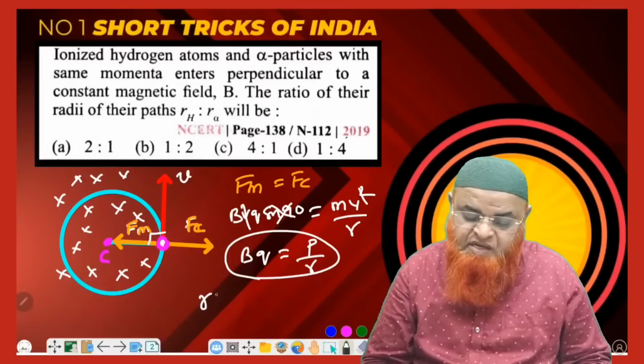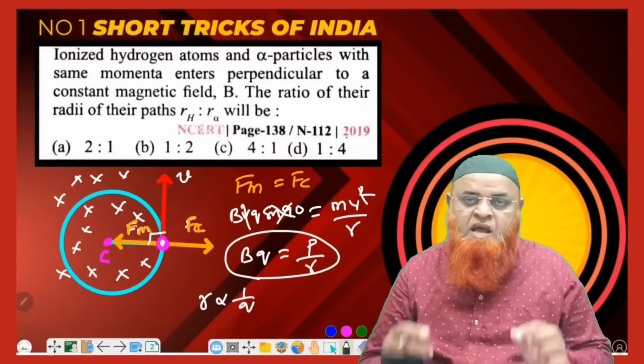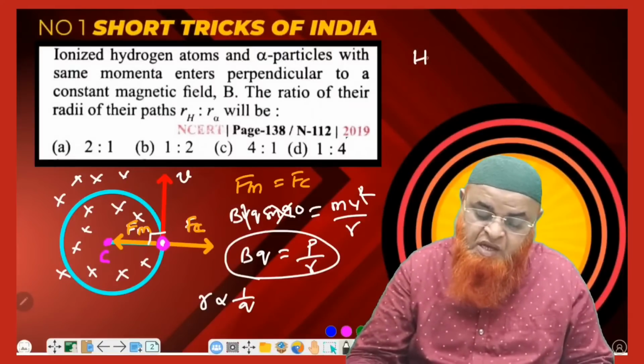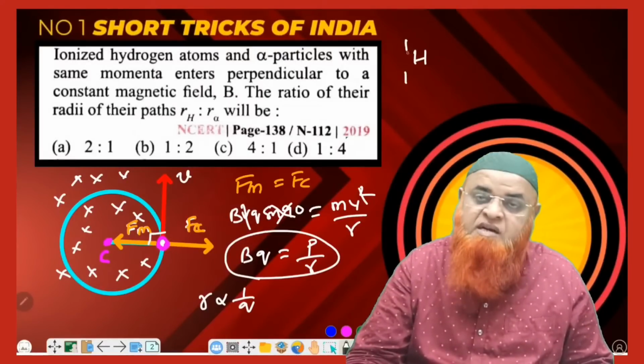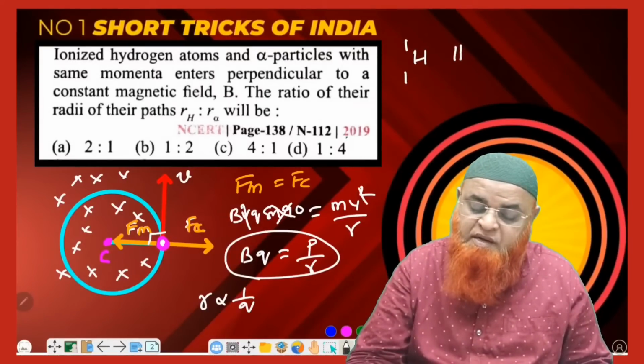With this equation, it is understood that R is inversely proportional to charge. R is inversely proportional to charge. You all know that hydrogen charge is 1, mass is 1, whereas alpha particle, that is helium, charge is 2 and mass is 4.